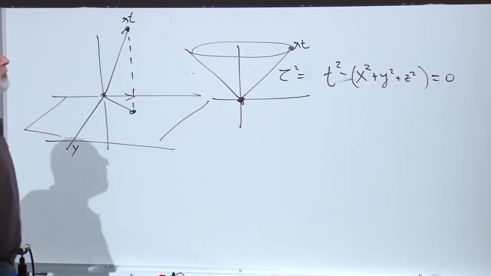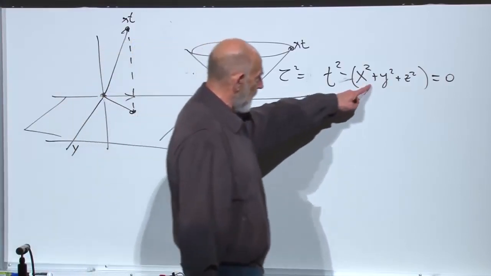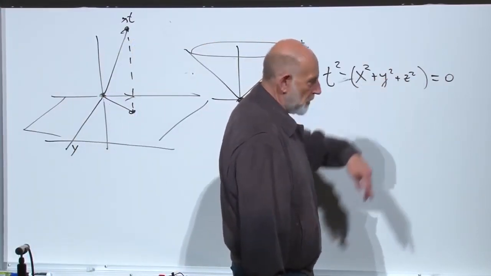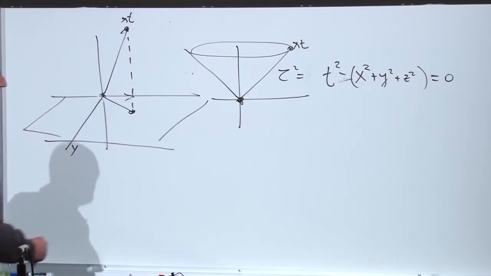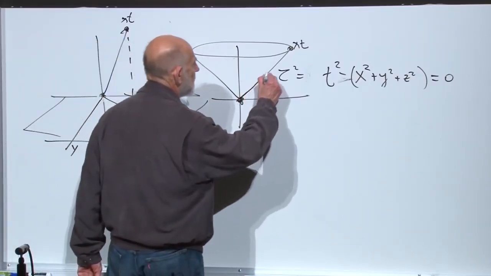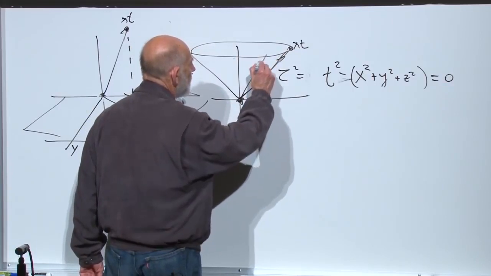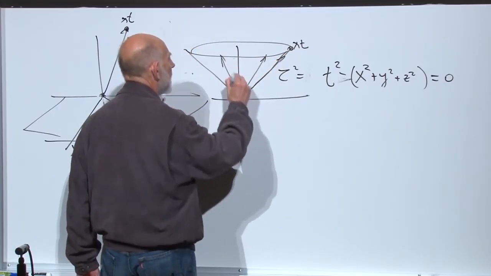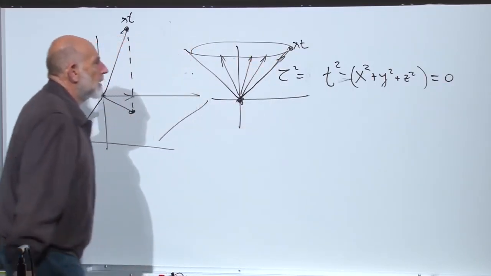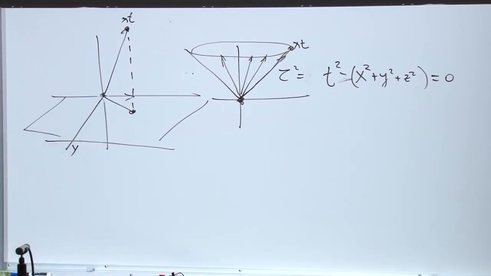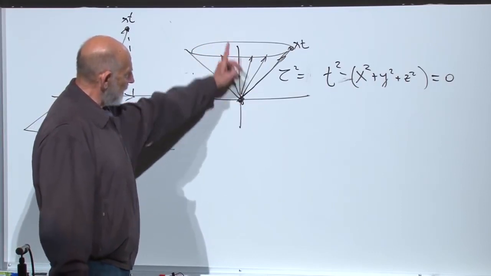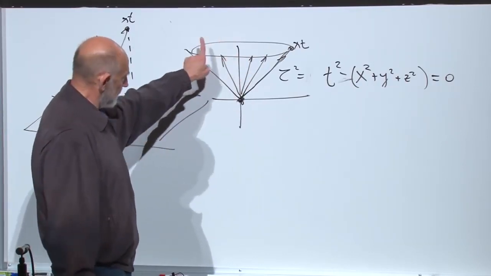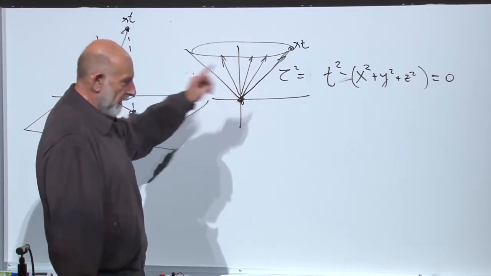But if we had only 2 dimensions, x squared plus y squared, forgetting the z squared here, we would find that the motion of light rays in space-time is along the cone created by 45-degree light rays coming out of the origin.